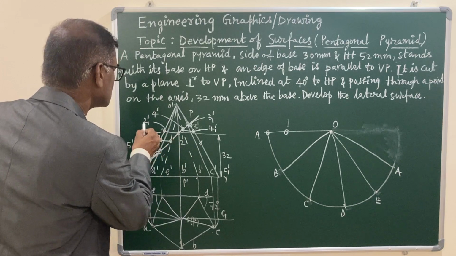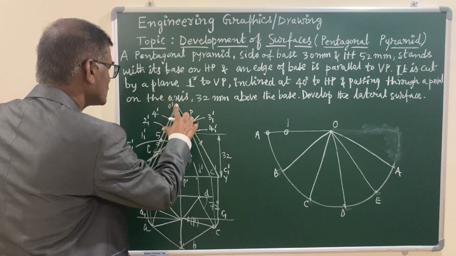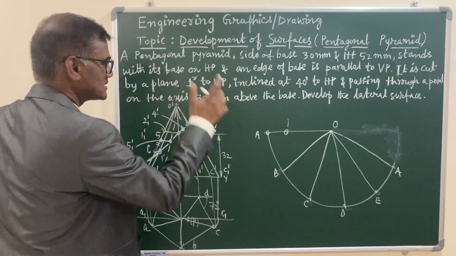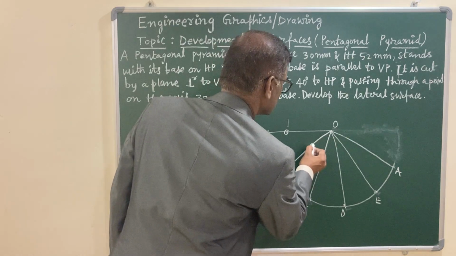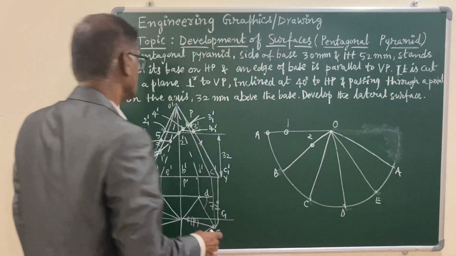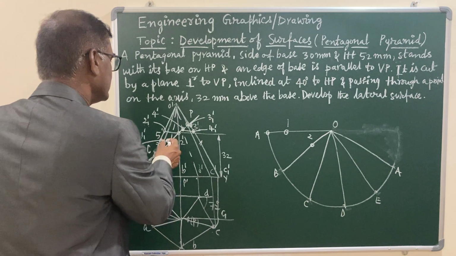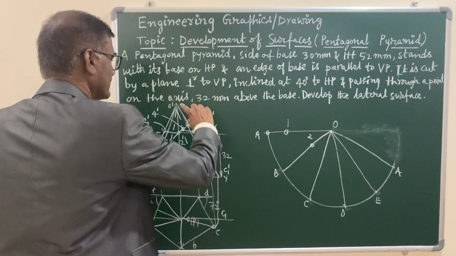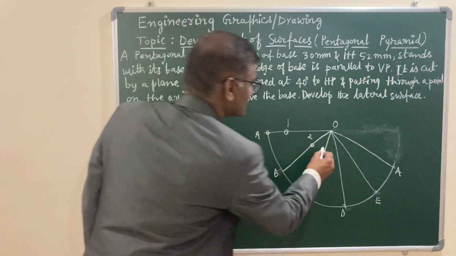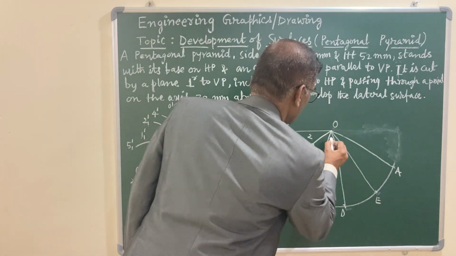You have got it is 2 1 prime. O prime 2 1 prime as radius, let us locate the second point. That is somewhere here. It is your 2. Then 3. O prime 3 1 prime. So this is your point 3.